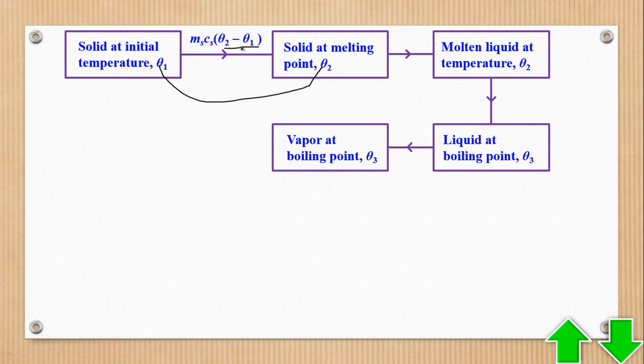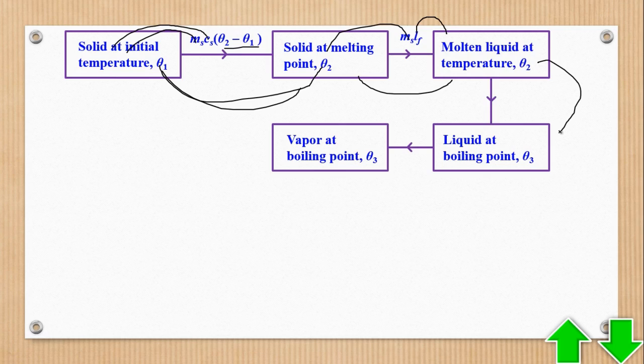Then m is the mass of the solid, and c_s is the specific heat capacity of the solid. What about from here to here? Temperature is the same, therefore quantity of heat will be mL, where m is the mass of the solid and L_f is the specific latent heat of fusion.